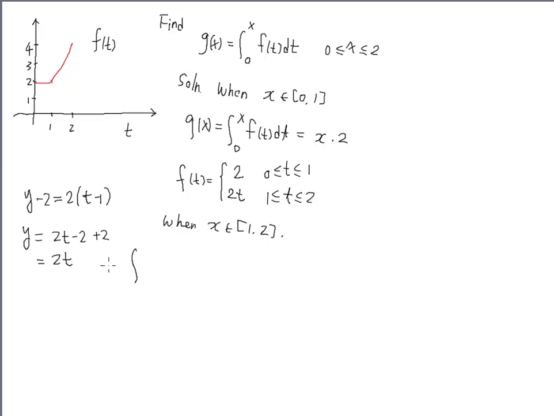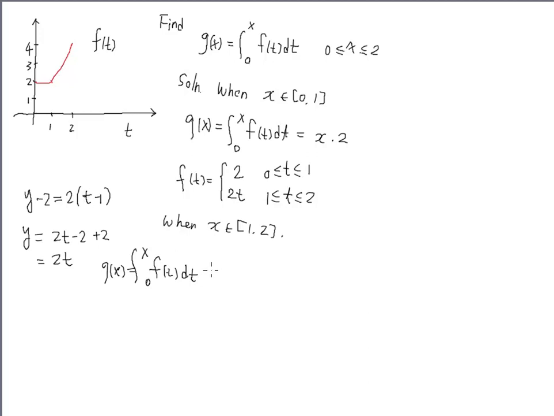We integrate still, this is g of x, from 0 to x now. It's the same integral, but now it needs to be evaluated differently. Because x now is over here, if we look at the area beneath the curve, we have this piece and somewhere over here. So let me draw the one over here.